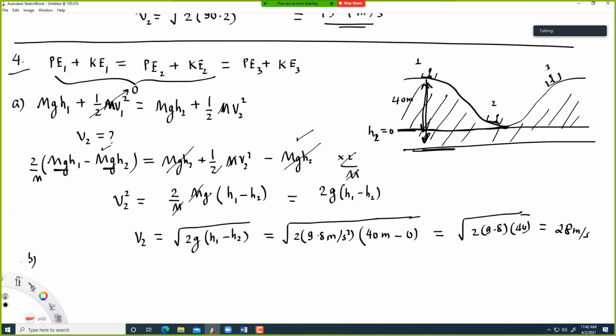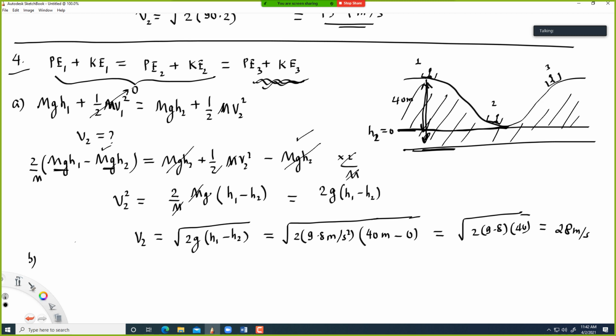And it's asking how high will it go on the third stage. So again, same thing, we use the same equation. For the third stage, we need to use this part because that's what the energy is at stage 3.